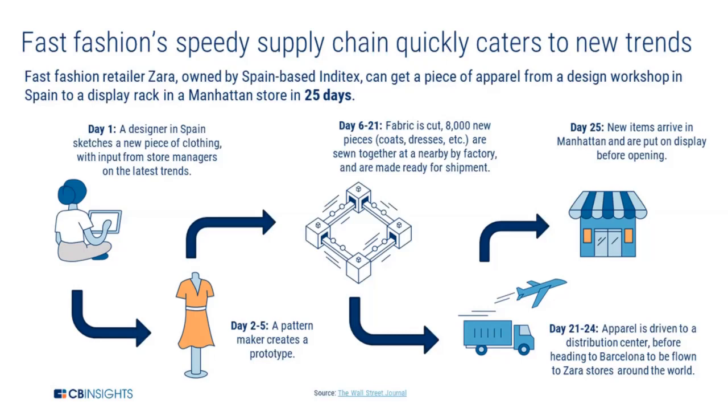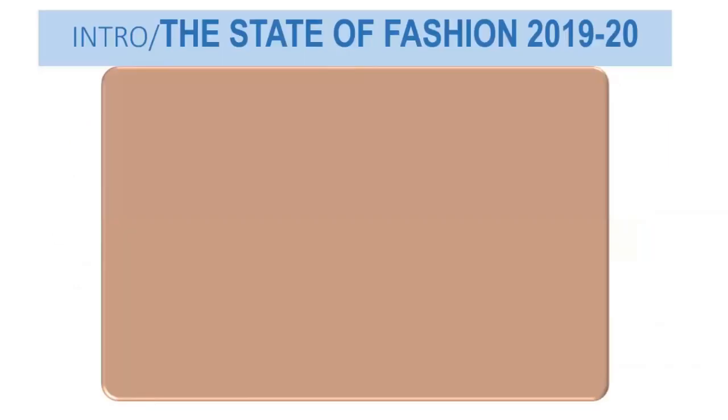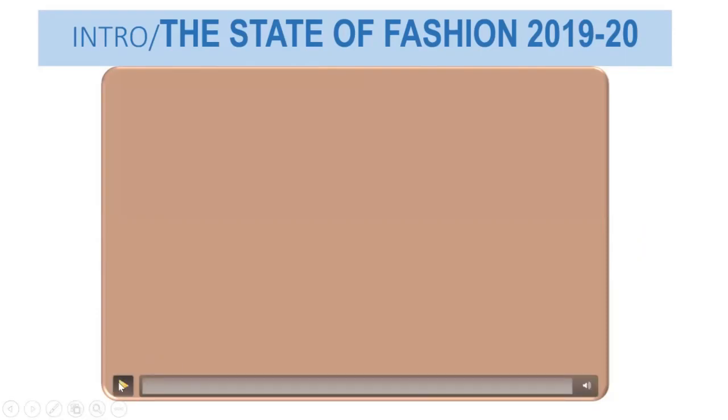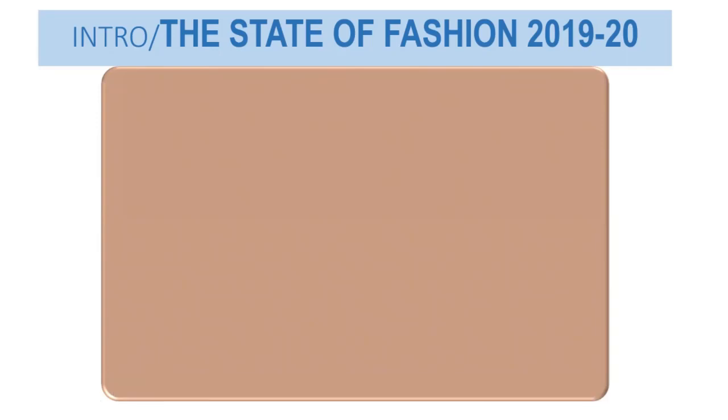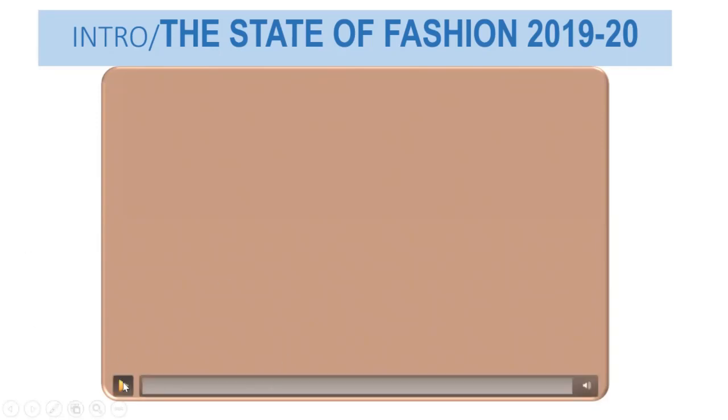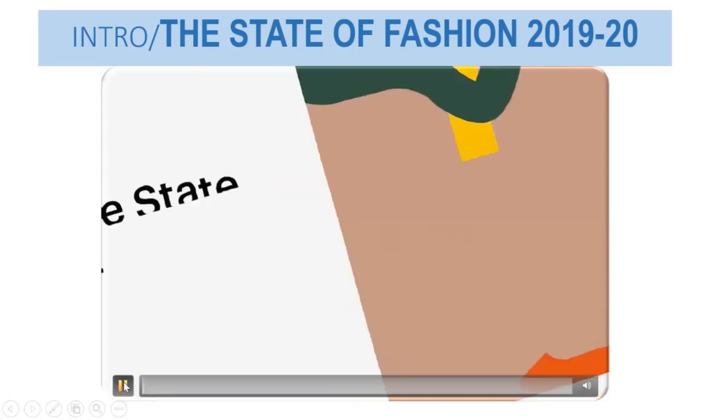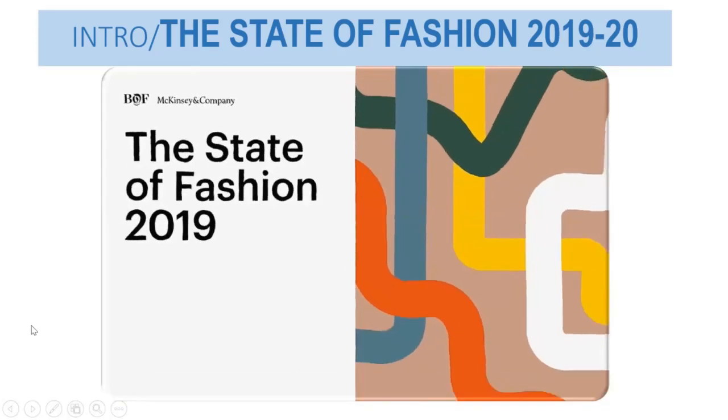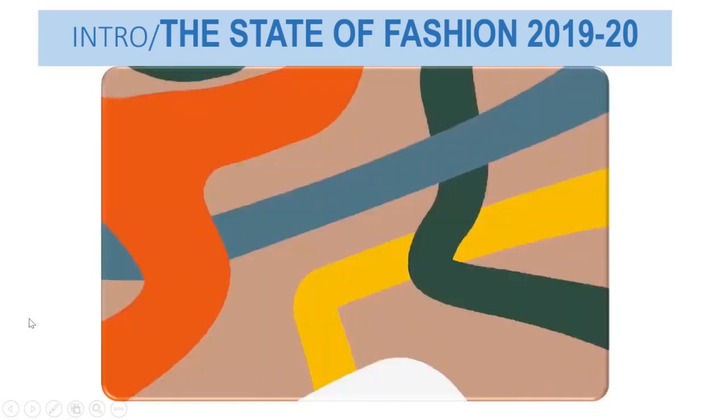So it's a very quickly made process. As an introduction, I want to show you the state of fashion for 2020, made by an analytical company that gathers all the trends in the fashion industry. The company's name is McKinsey & Company.